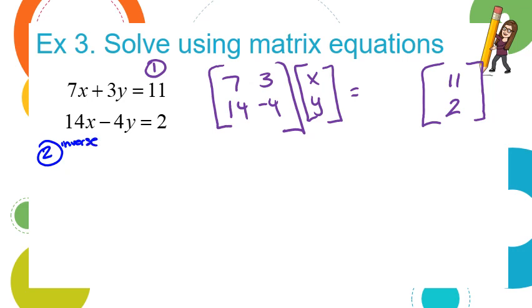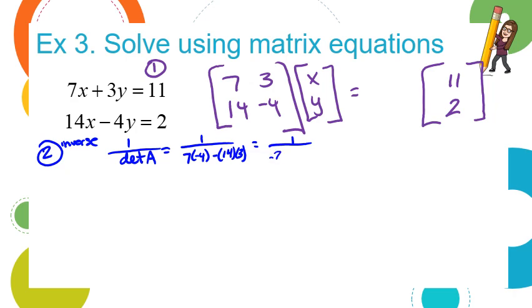All right, so to find my inverse, here's what we need to do. I need to start off with 1 over the determinant of my coefficient matrix. So 1 over 7 times -4 minus 14 times 3. Those are my diagonals, right? 1 over, let's take a look.